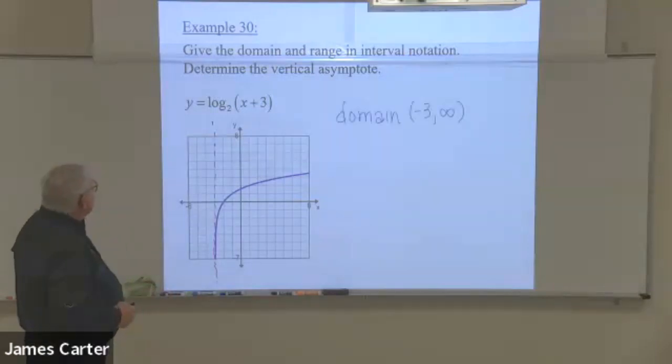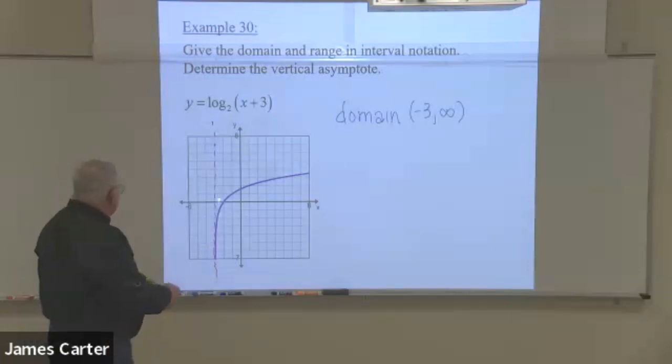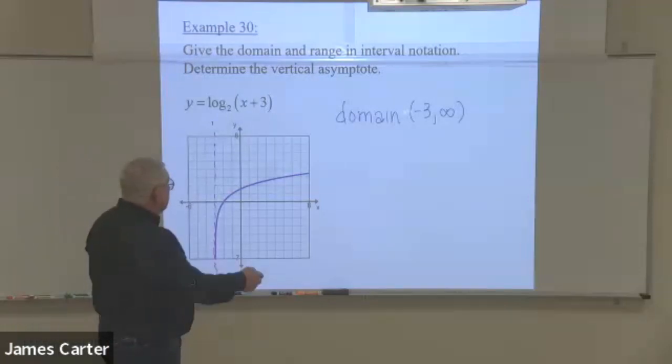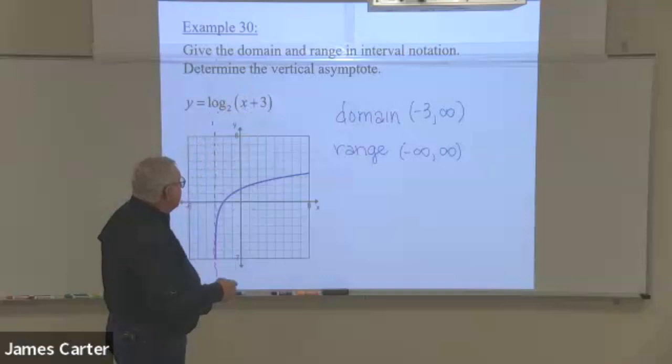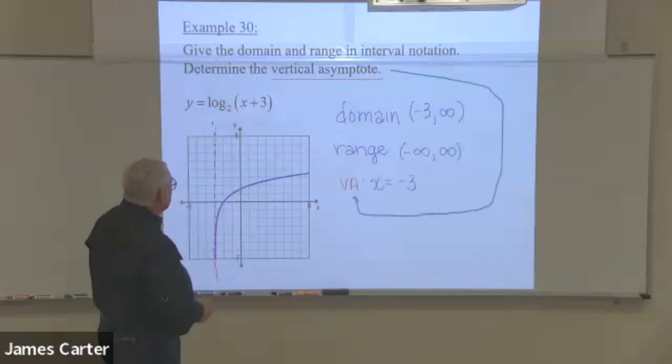So the domain in this case is -3 not inclusive to infinity. The range is from -infinity to +infinity. And where is this vertical asymptote? At the equation x equals -3.